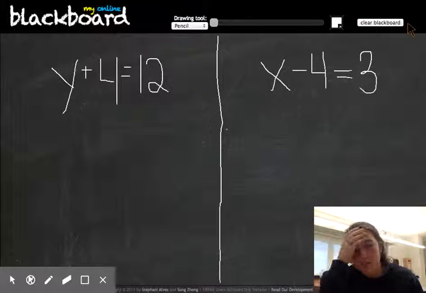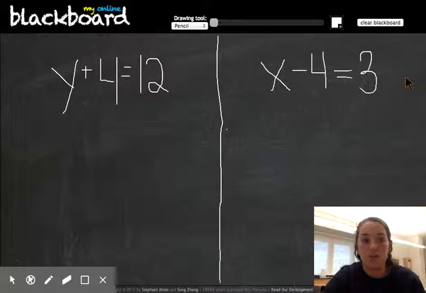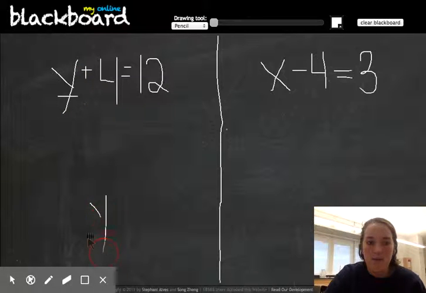Okay, so now let's do 2 practice problems using inverse operations in order to solve for our variable. So in this first equation, we are adding 4 to y, and we get 12. So we're trying to figure out what y is. So I want to have y by itself on one side of the equation. How can I get y by itself? I need to get rid of this plus 4.